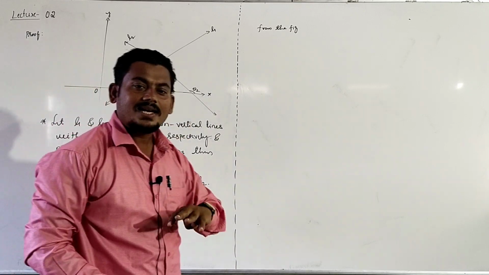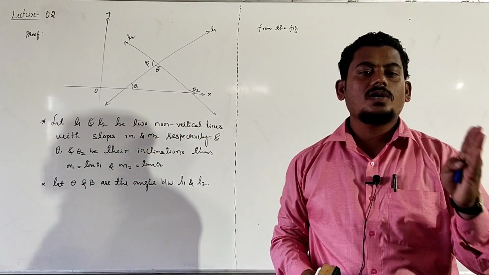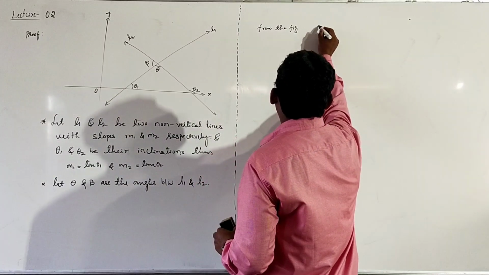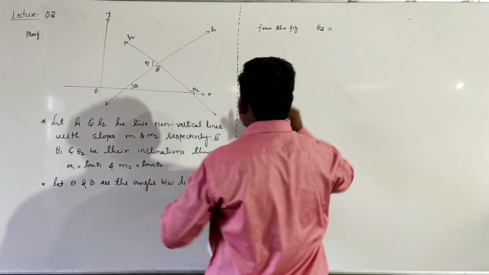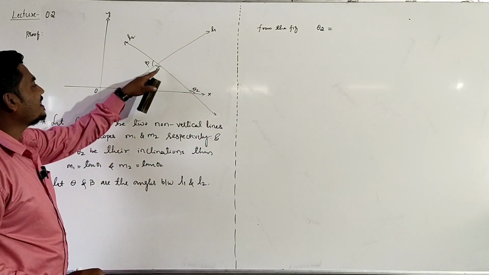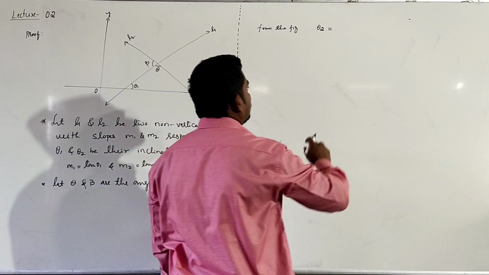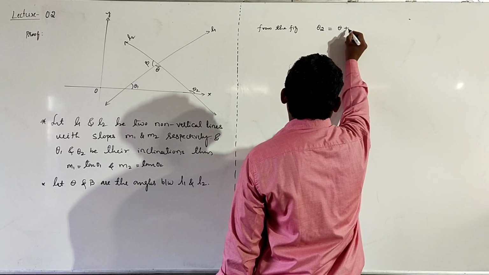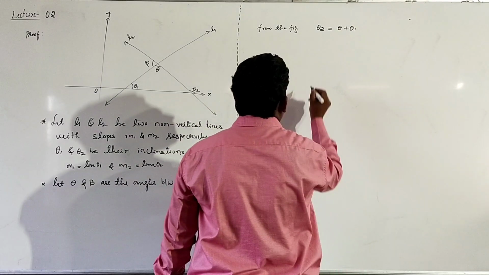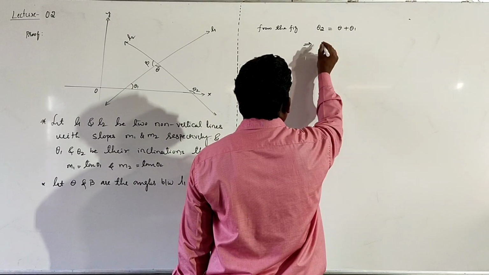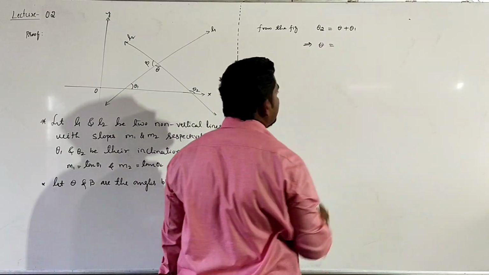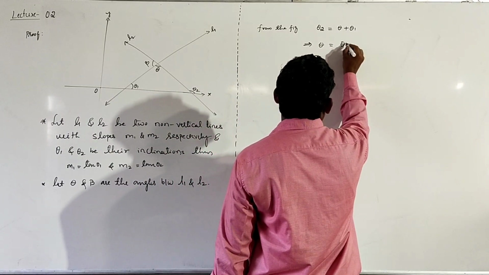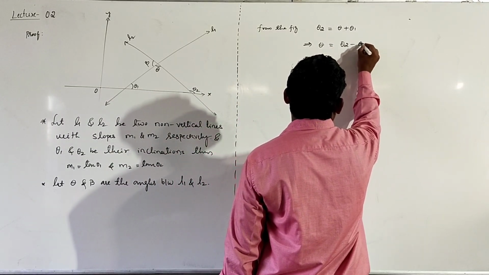Already we have one of the standard results: the exterior angle is equal to the sum of the opposite interior angles. Therefore, from the figure, theta 2 is equal to theta plus theta 1. From this we can write the theta value, because our requirement is theta. Theta is equal to theta 2 minus theta 1.